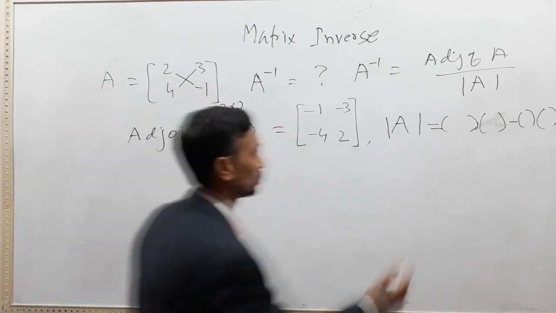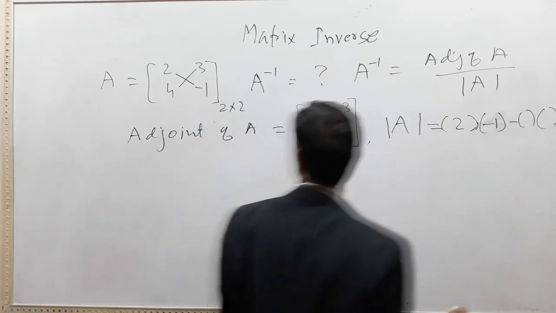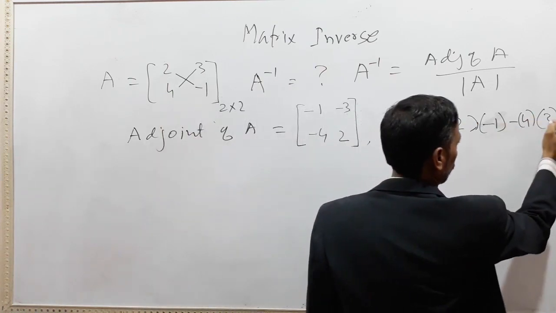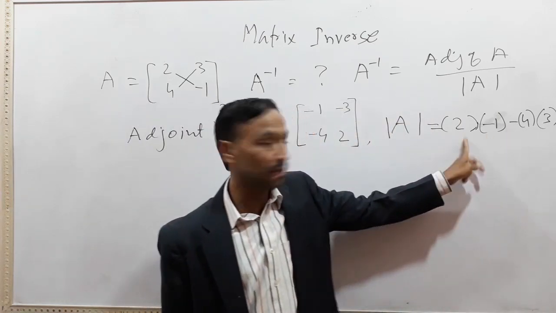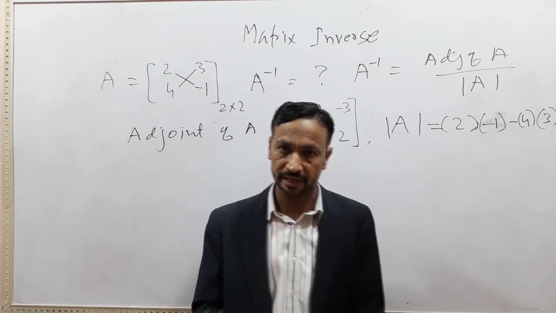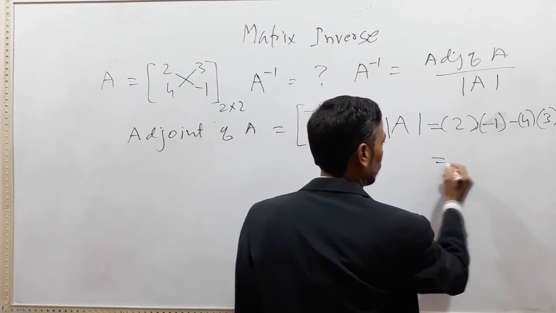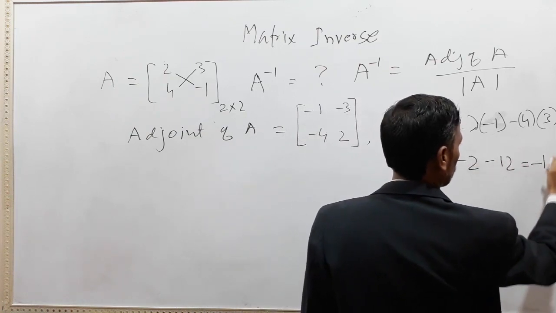So it will be 2 times minus 1, and 4 times 3. I've taken the difference of the products of the elements present in both diagonals. So it will be simply minus 2 and minus 12, so it's going to be minus 14.